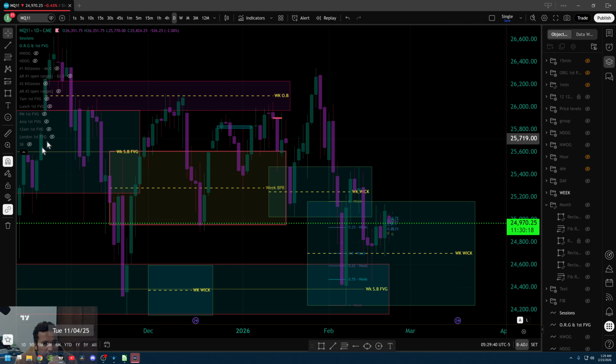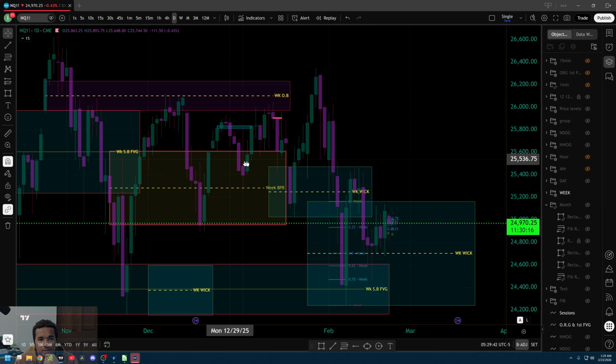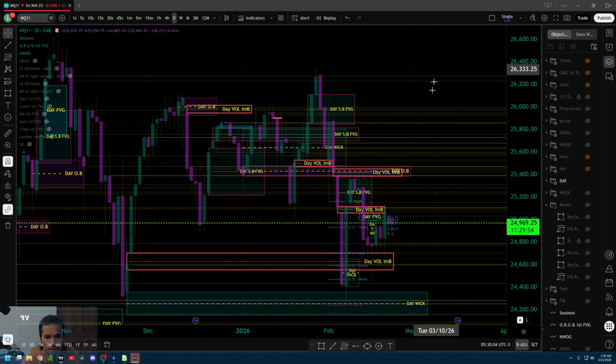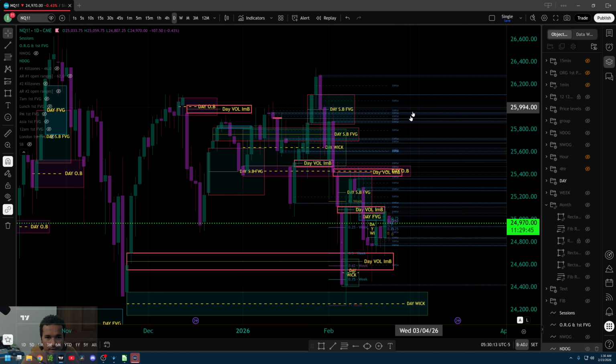Daily chart with the weekly PD arrays. Switch over to the daily drawings, and now it starts to get quite busy. Note the new week opening gaps. And the new day opening gaps.